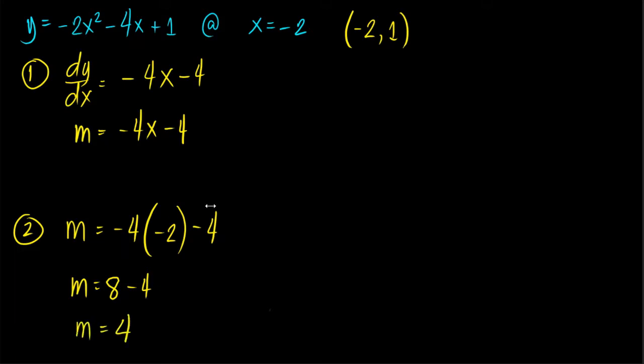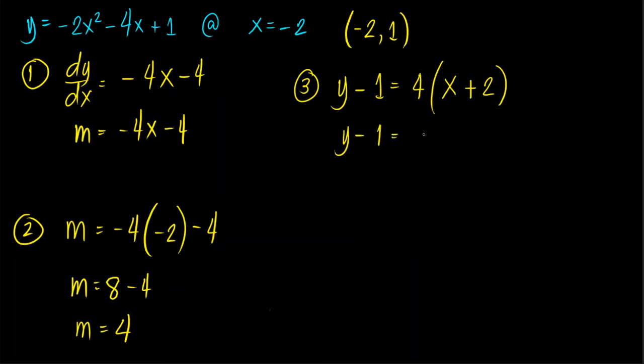Now, for step 3, y minus y sub 1, which is 1, equals m times x minus x sub 1, which is negative 2. So that will become plus 2, negative and negative. Simplify this, you have y minus 1 equals 4x plus 8.